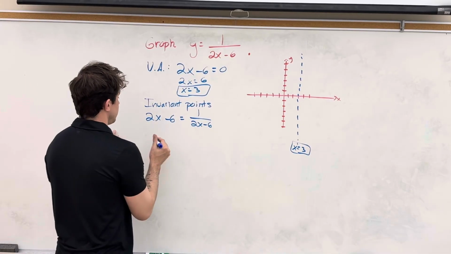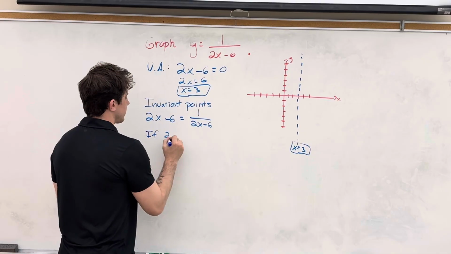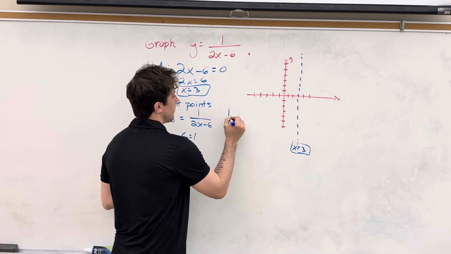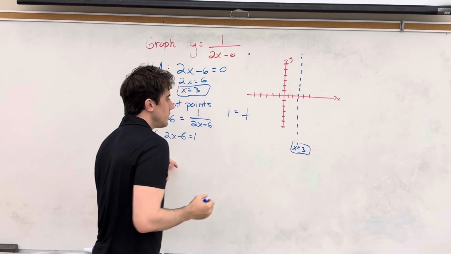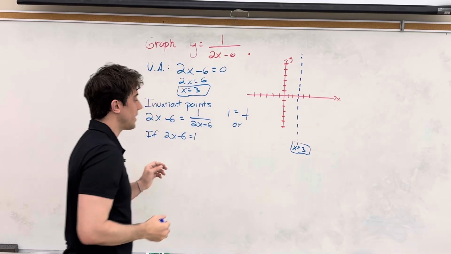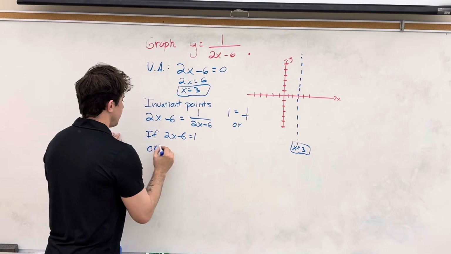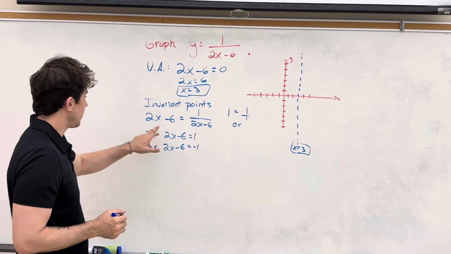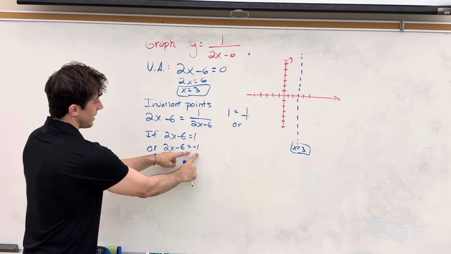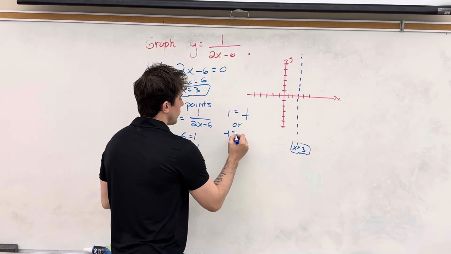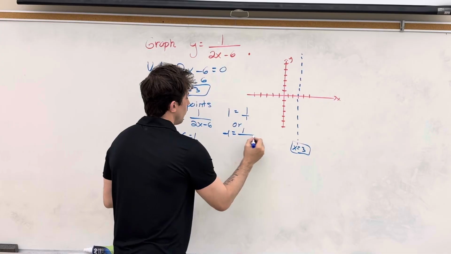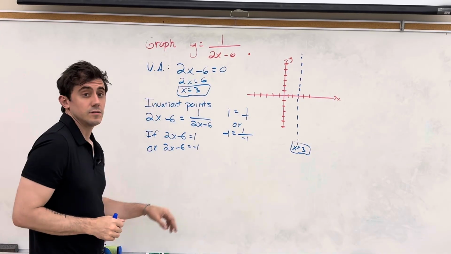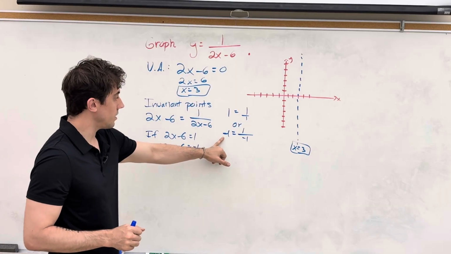Well, that's going to be the case if 2x minus 6 is equal to 1, because then we would have 1 is equal to 1 over 1. Or the other way that could happen is if 2x minus 6 was equal to negative 1, because then we would have negative 1 is equal to 1 over negative 1.